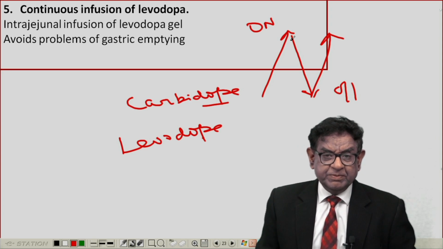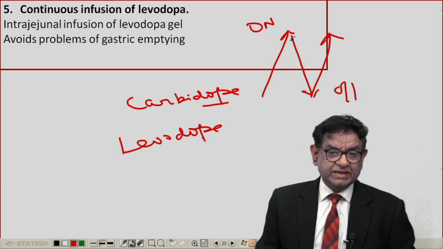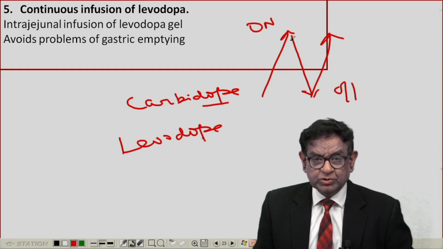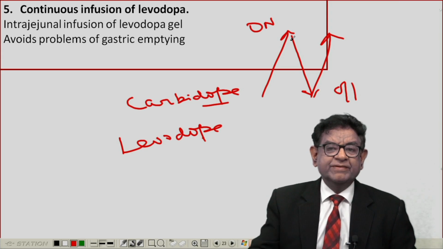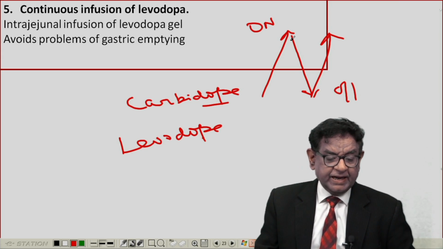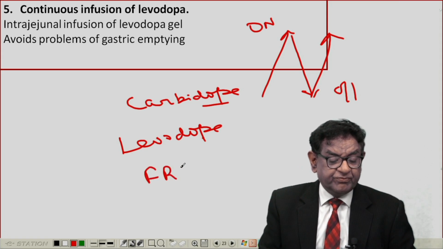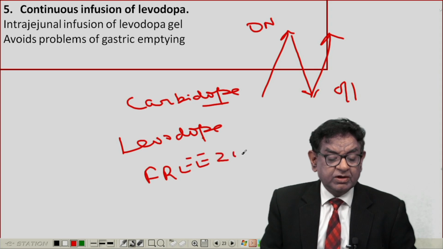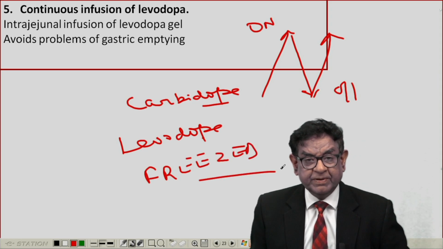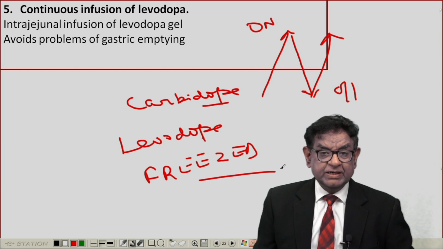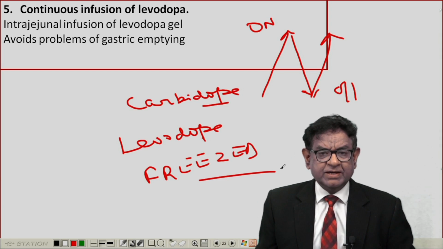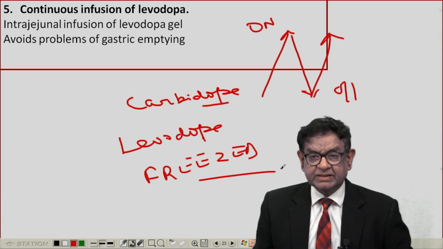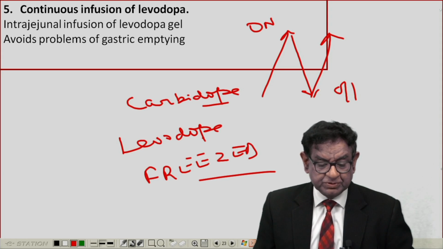At times the patient is walking on the road and after some time suddenly goes into the off state. He is not even able to walk, and in that case he is simply frozen in the road or on the pavement. He is not able to move at all. So despite being the best drug, levodopa or carbidopa were not very commonly used.